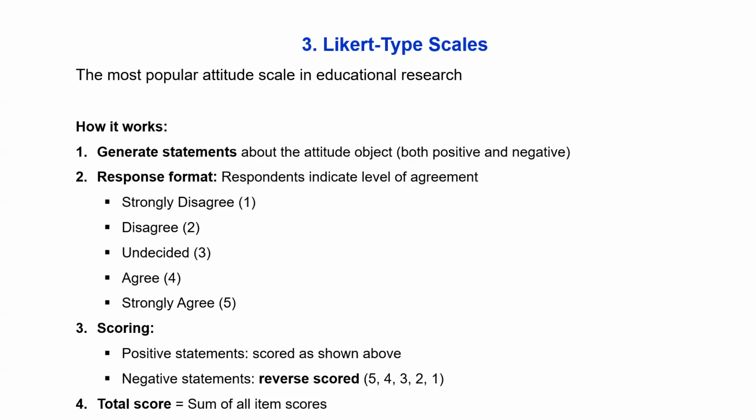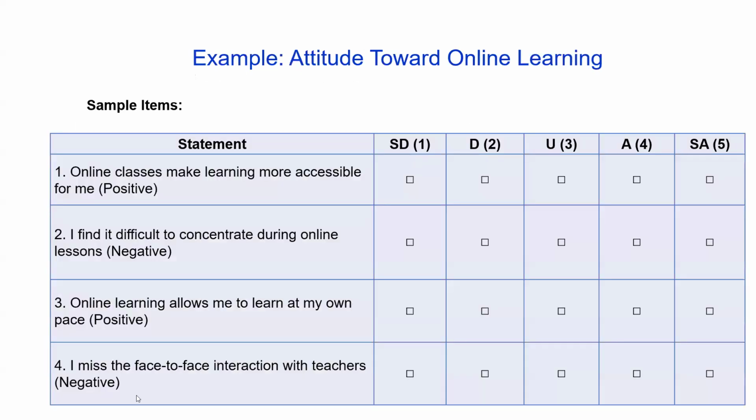Then the total scores. You will find the total here. Here there are 4 statements. This one is: online learning allows me to learn at my own pace.